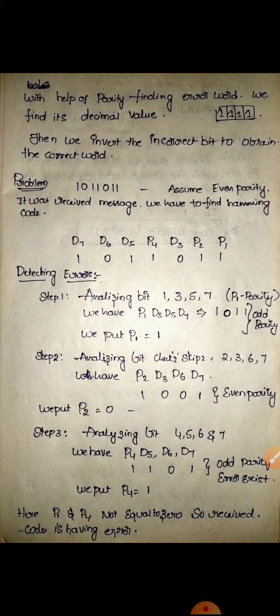With the help of the parity, after finding the error word, we have to find the decimal value. Then we'll invert the incorrect bit to obtain the correct word. I will explain these top 2 points with an example now.